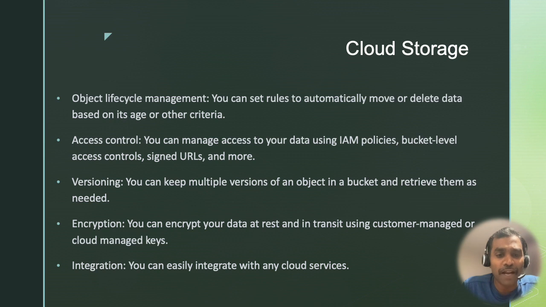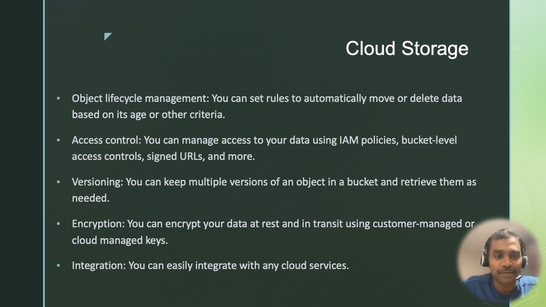When we are planning to store data in a cloud, we need to understand a few things because it is not just like storing data into a hard drive, right? It requires a set of rules like lifecycle management.